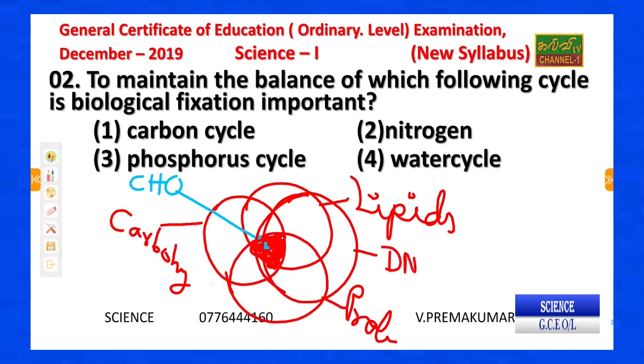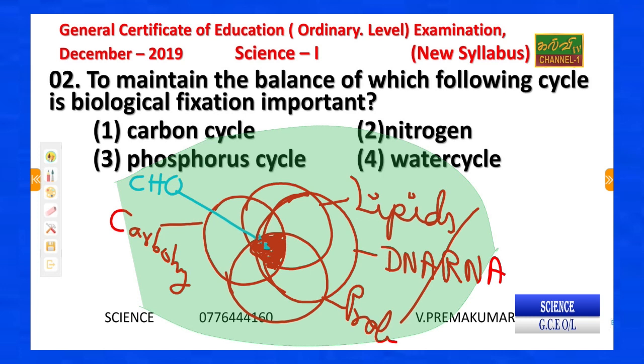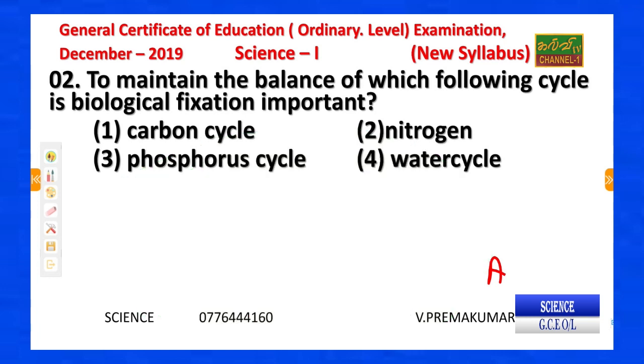Nucleic acid, DNA or RNA, that also contains CHO. Now you can understand CHO as the common elements in the biological substance.